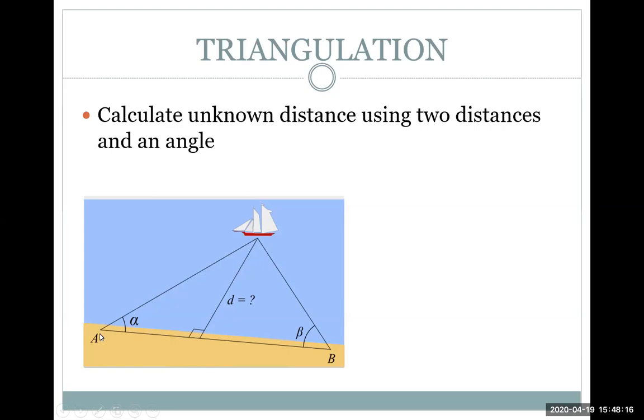I can make a measurement with a photographer taking a picture of the boat at point A and a photographer taking a picture of the boat at point B. By knowing those 2 distances, from A to the point where the boat is located and then from B to the boat, and either this angle alpha, which can be measured with a protractor, or this angle beta, measured again with a protractor, I can use those distances along with that angle to figure out the distance that the boat is away from the shoreline in this case.